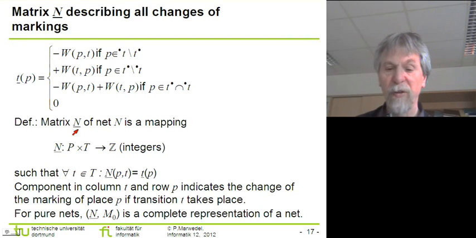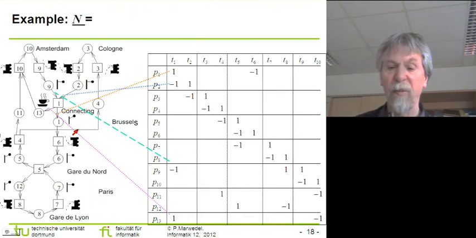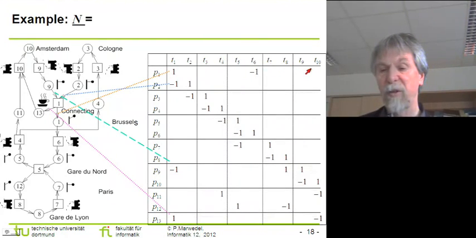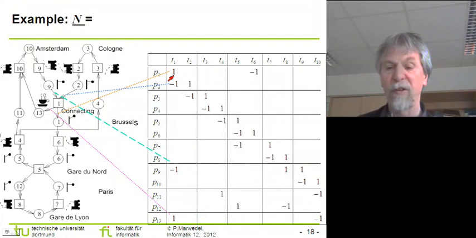And now I'm moving to the next slide to demonstrate using that example how this matrix n underscore looks like. We see that in this matrix n underscore, we have the different vectors t underscore as the different columns. And we see that the different entries here describe how a particular transition will change the number of tokens.